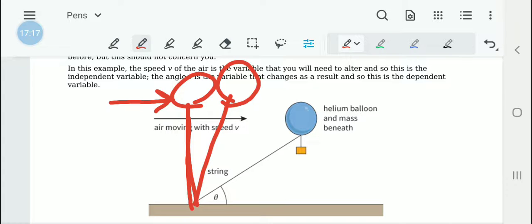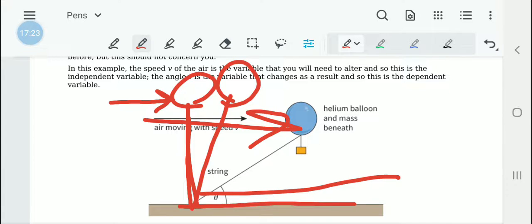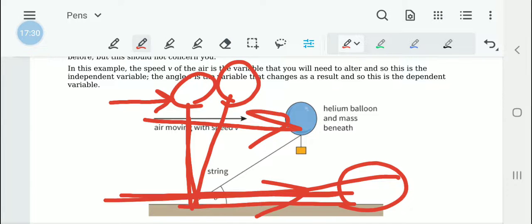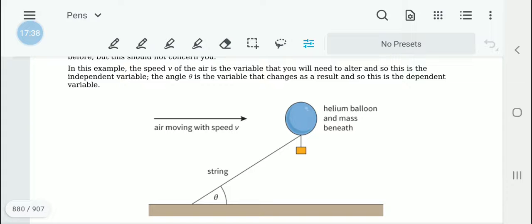But the higher the speed, if there is a very high speed, it would even go like this. So the air should be directed in this direction. So it should always hit the middle of the balloon. That is something that you need to understand.